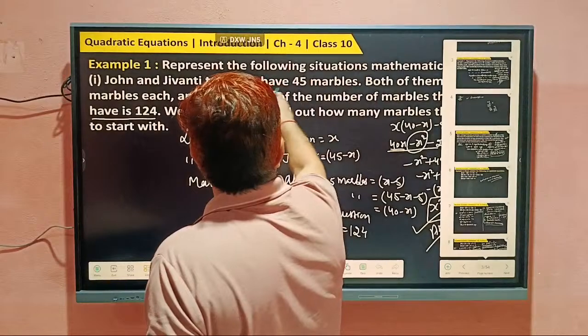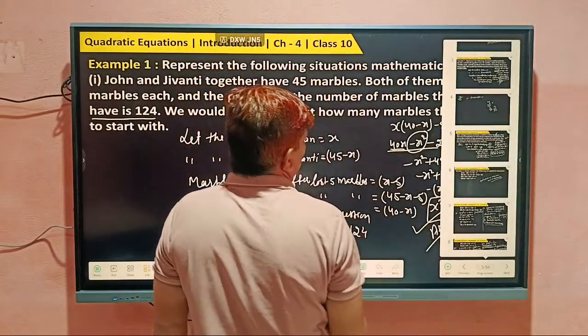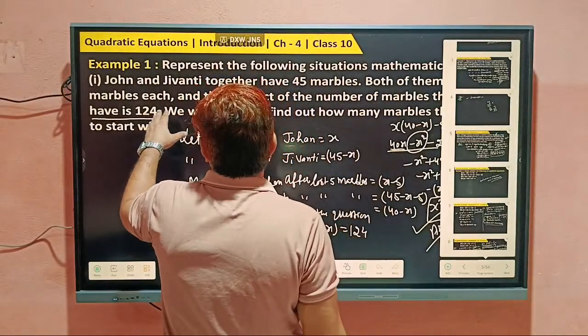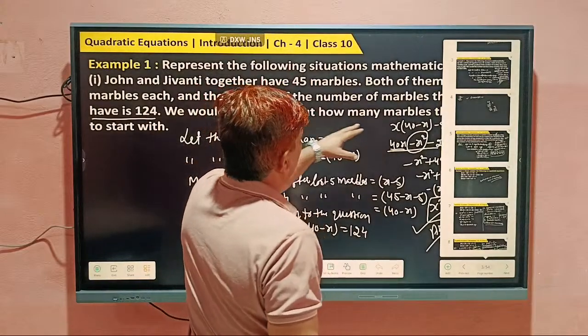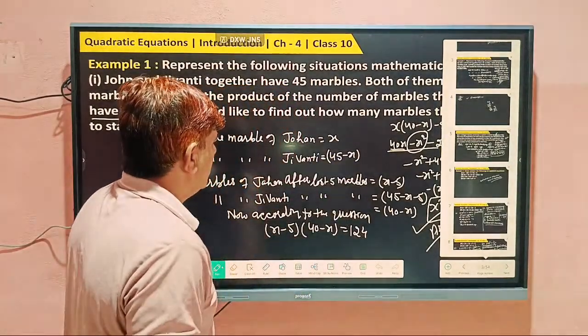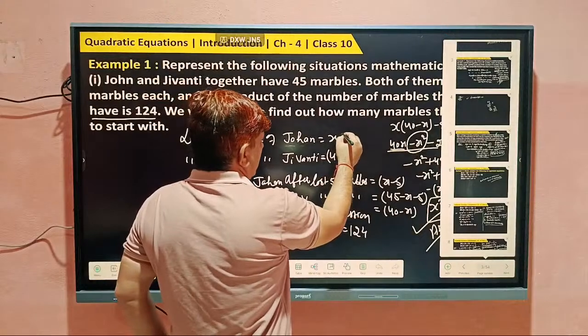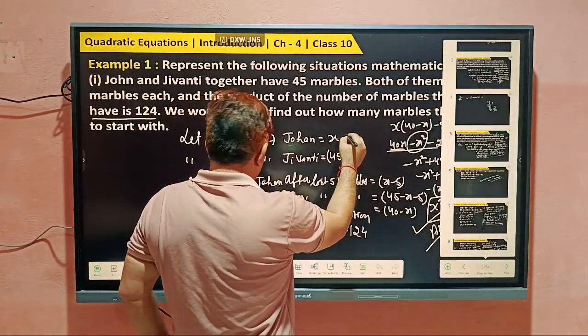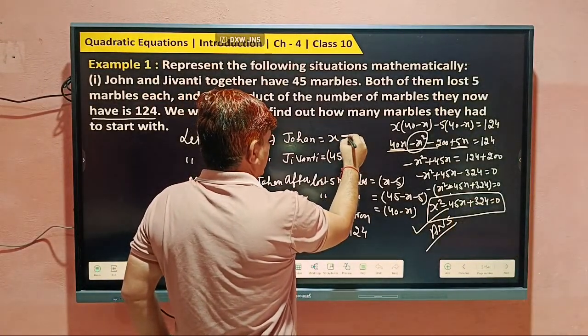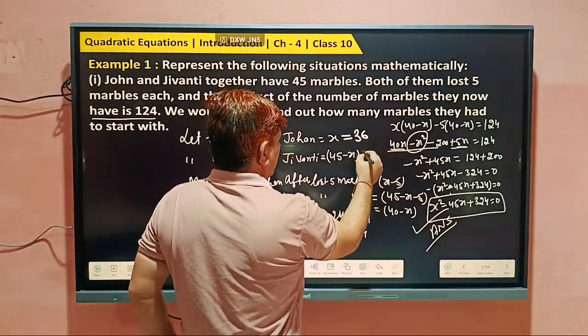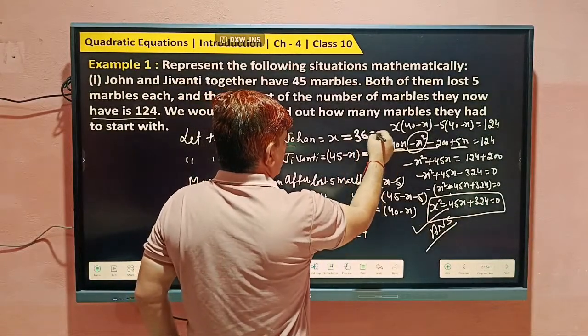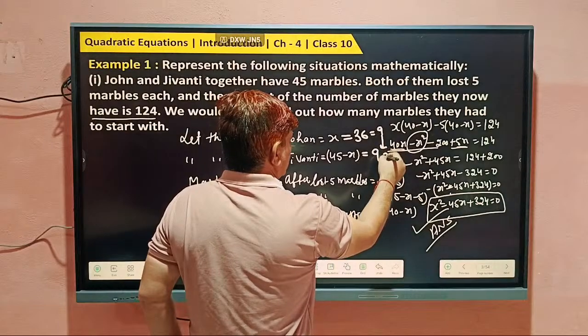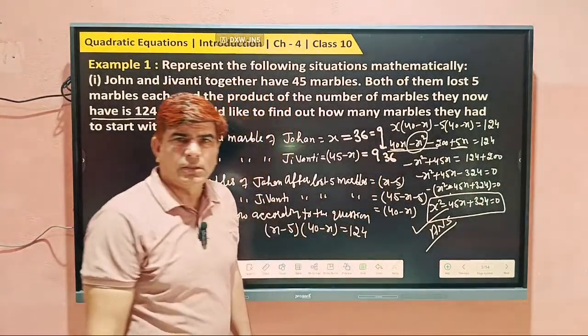Jivanti and Jivanti together have 45 marbles. We would like to find out how many marbles each has. So if x value is 36, then the other value is 9. And if x is equal to 9, this becomes 36.